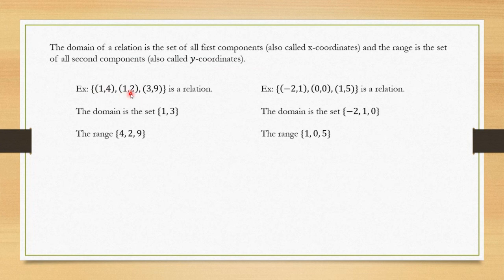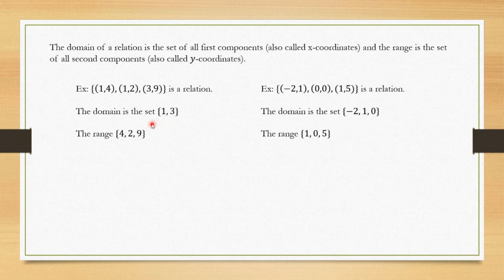If you do that by mistake with me, I'm not going to mark it wrong, but you really don't want to do that. So here the domain would be 1 and 3. The range would be 4, 2, and 9.